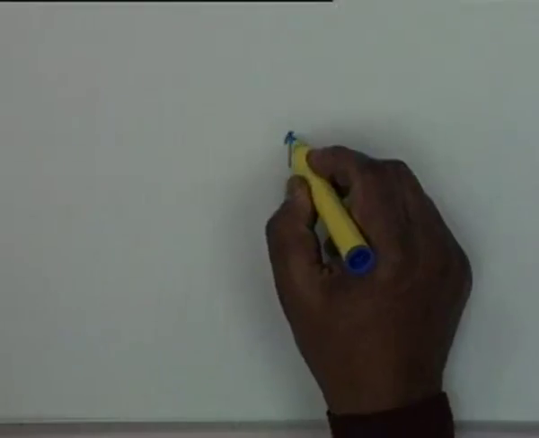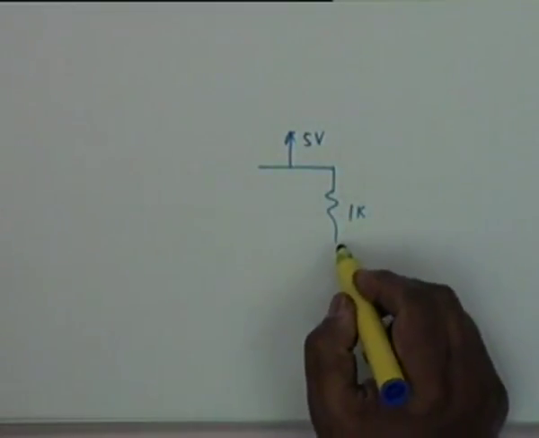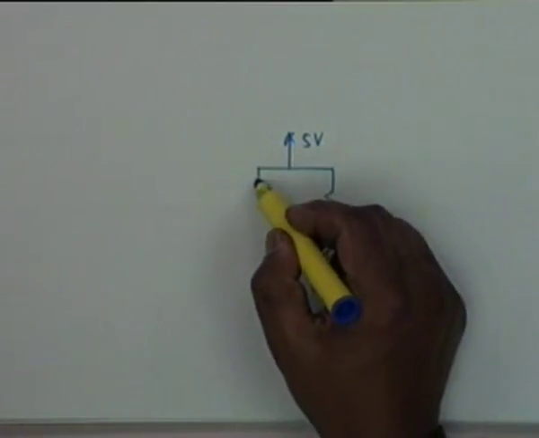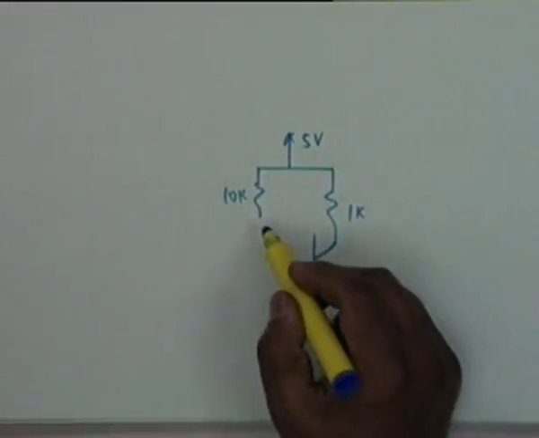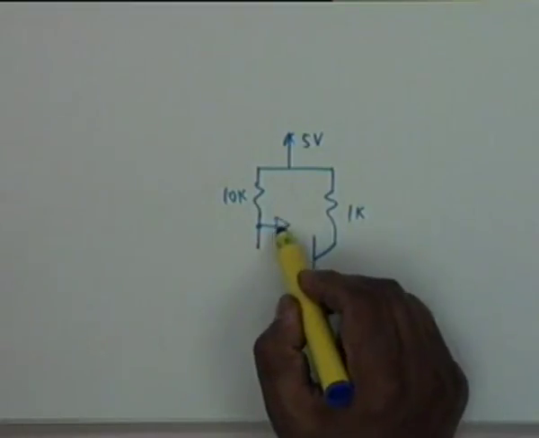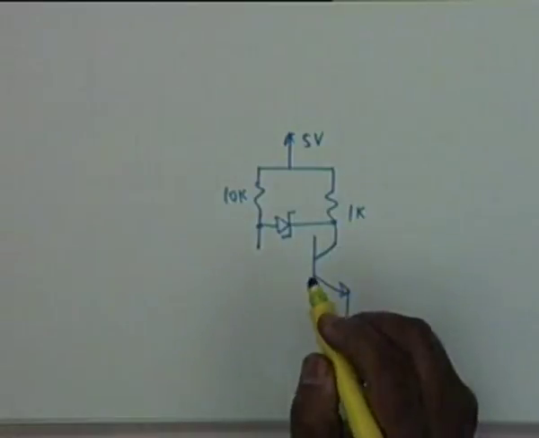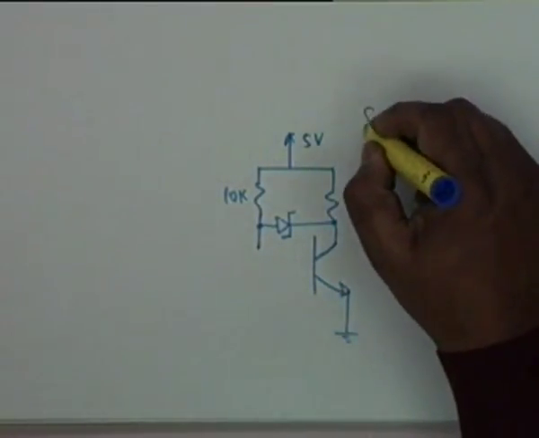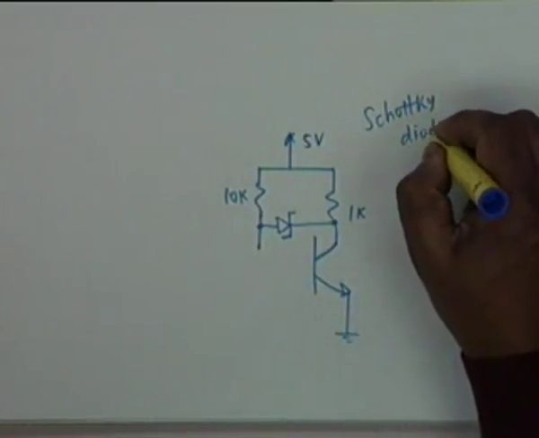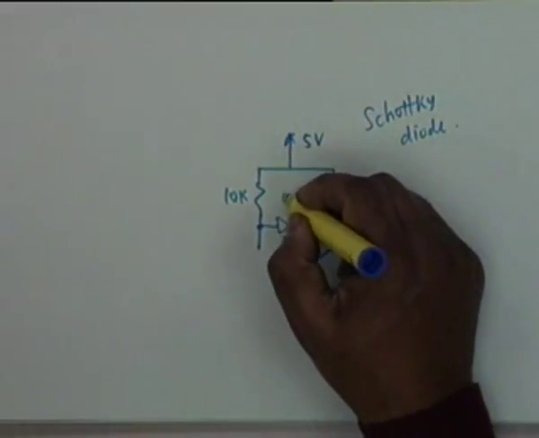Question 8 is, there is a 5 volt source, 1K, there is a 10K here, and there is a diode here, a very special diode called the Schottky diode. Schottky diode has a drop of 0.4 volt.